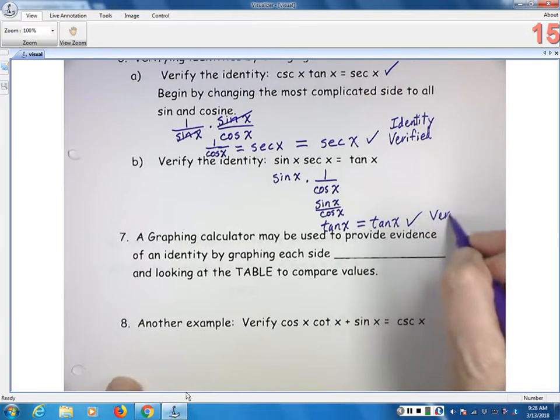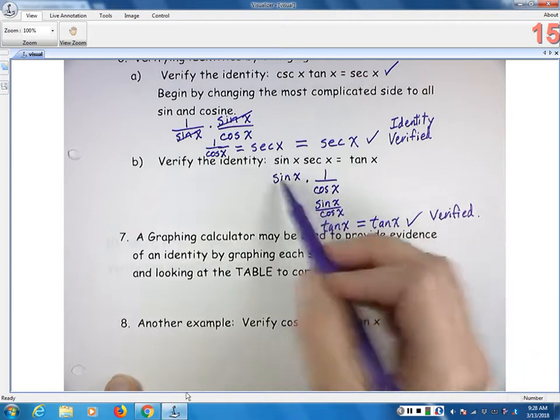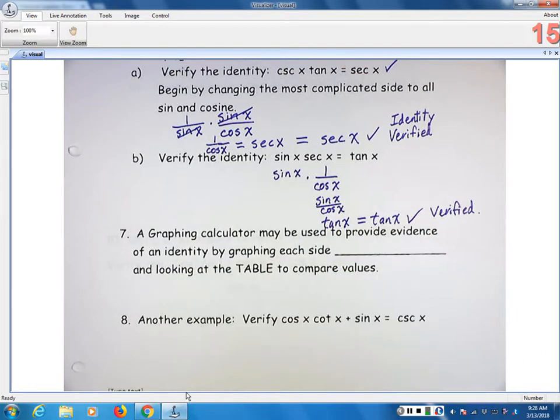Verified. So on my building notes, I didn't write this step. I thought it was pretty obvious. So that's a very easy identity to verify.